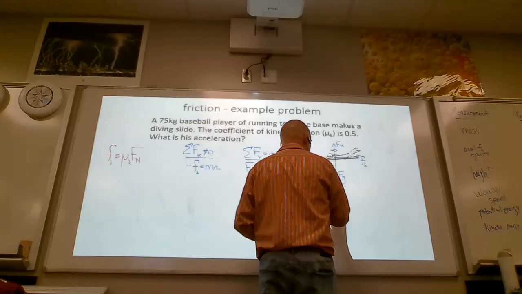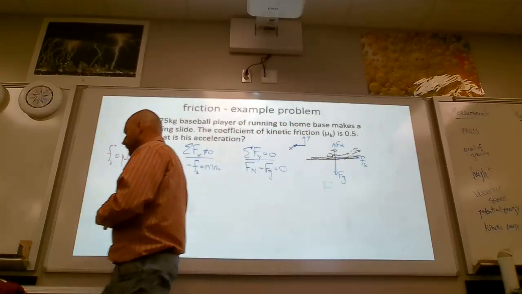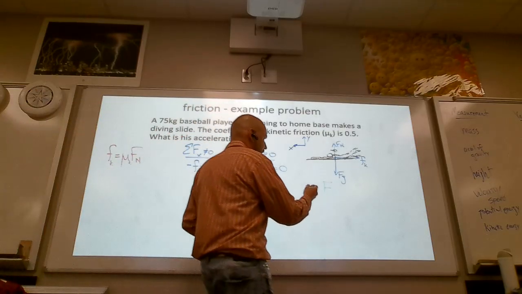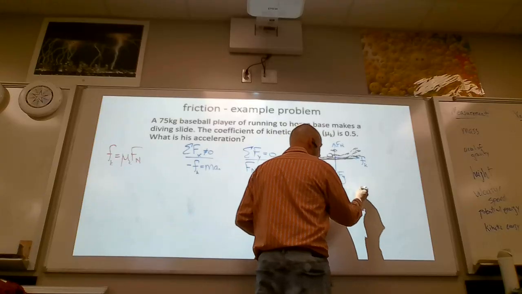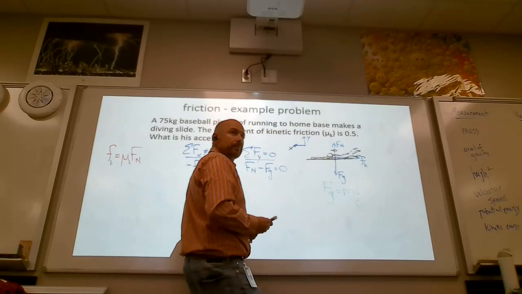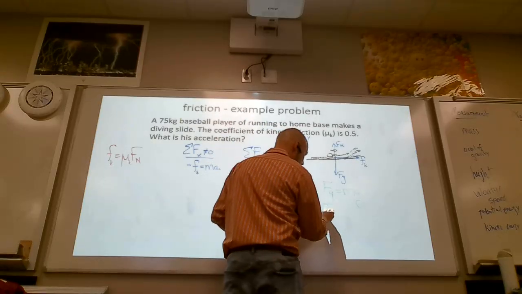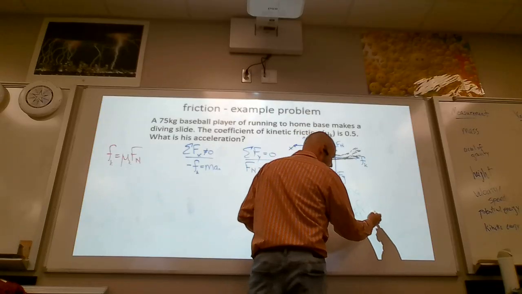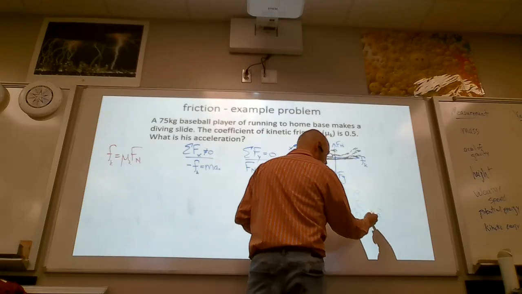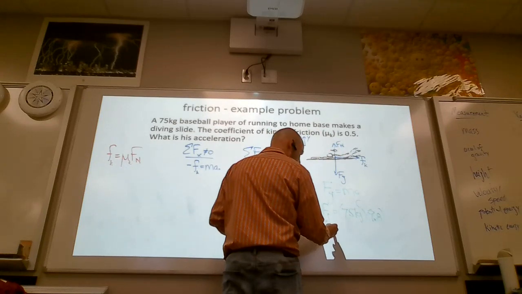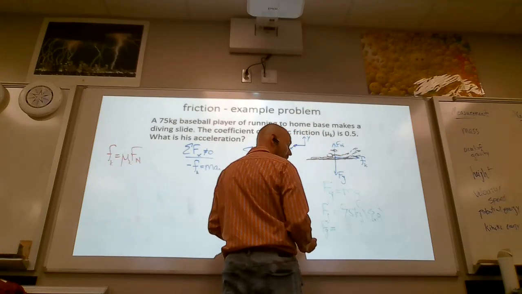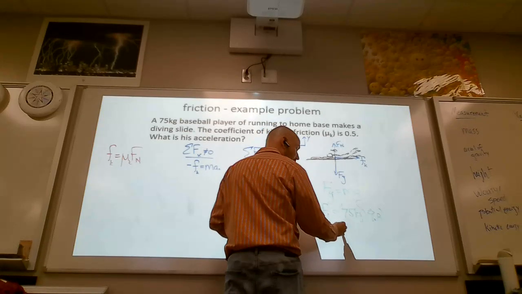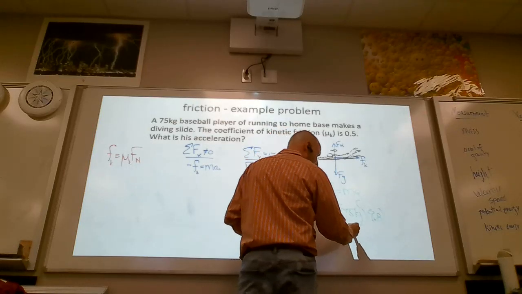I use force of gravity is equal to mass times 9.8. So I have 75 kilograms times 9.8 equals 735.